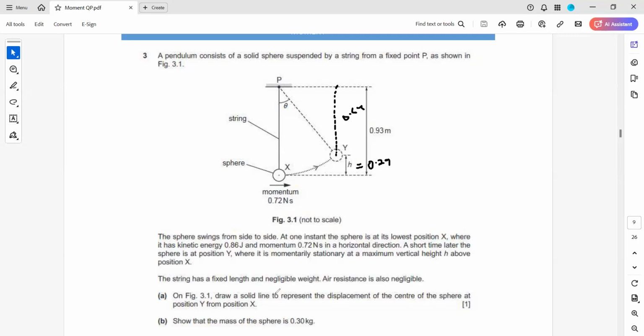And what about the length? So 0.64. And what about this length? The whole pendulum, which was at a height of 0.93, has moved here. So this will be 0.93.